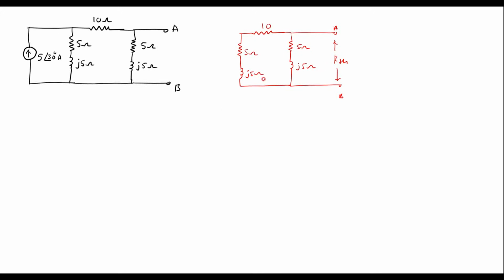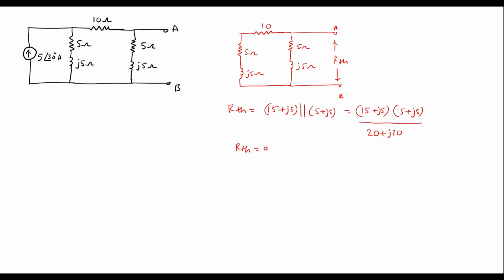Therefore here we can see that 10 ohm, 5 ohm and J5 ohm are in series. This whole combination is in parallel with 5 plus J5. Therefore I can write RTH is equal to 10 plus 5, that is 15 plus J5, in parallel with 5 plus J5, which is (15 plus J5) into (5 plus J5) divided by sum of these two, that is 20 plus J10.